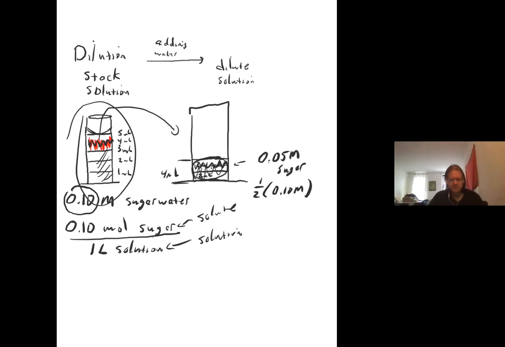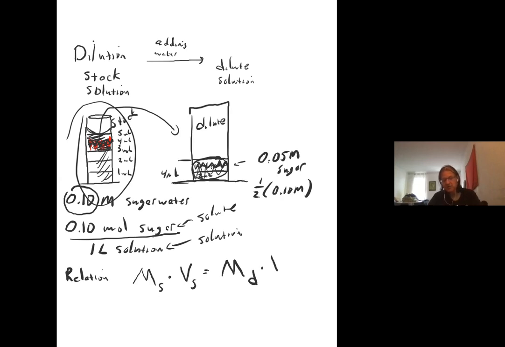Okay. Now there's a very simple relation here. And that is the molarity of the stock solution, S for stock, times the volume of the stock that you take out, so the volume of that solution you're taking out, is equal to the molarity of the new dilute solution, D for dilute, times the total volume of the dilute solution.